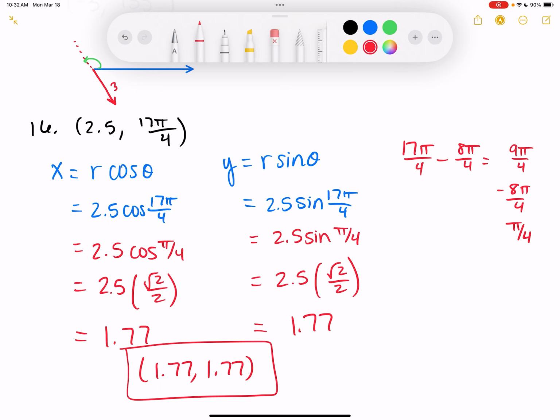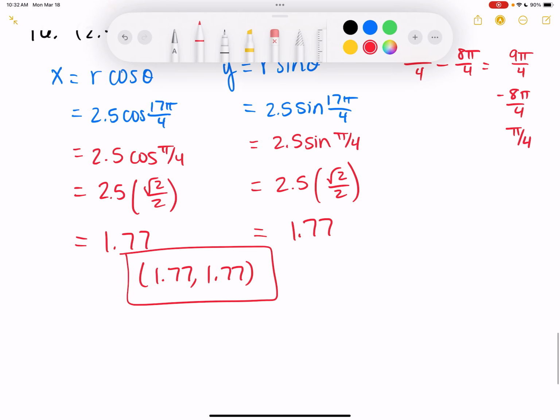That's nice. They're the same. Oh, that's nice. It's quiet, that's it.